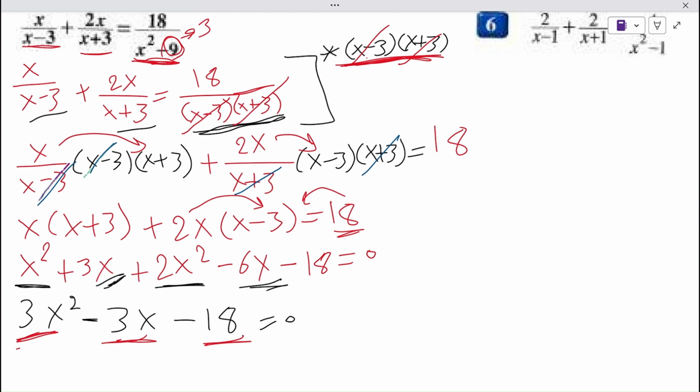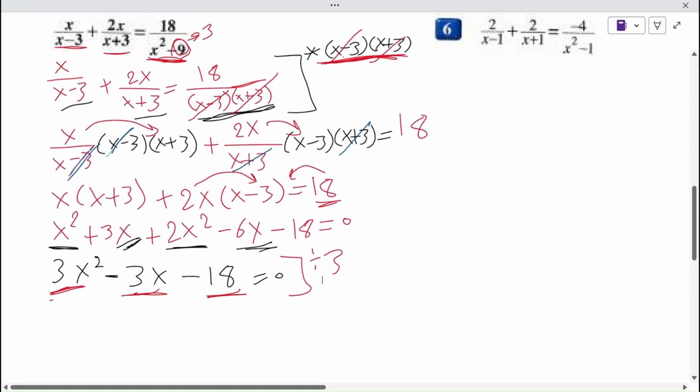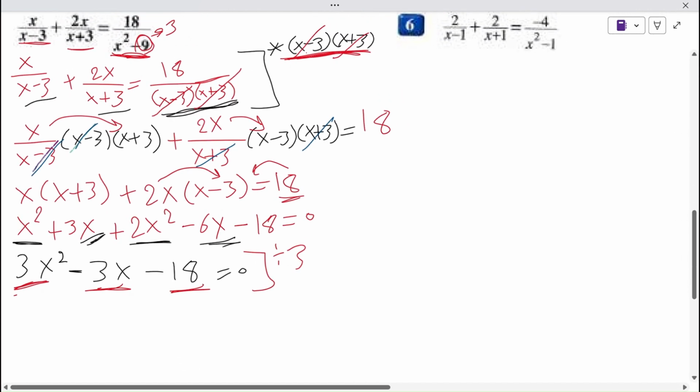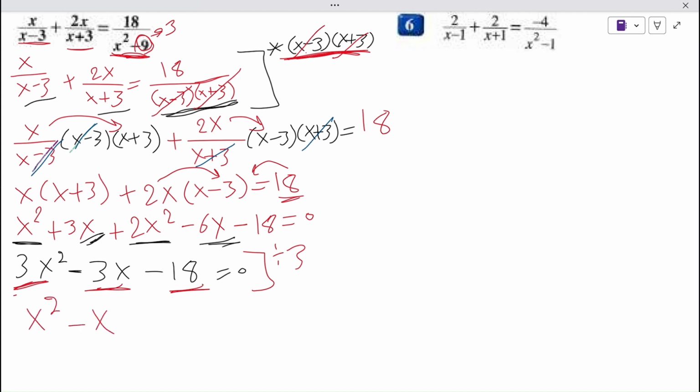This has become 2x squared minus x minus 18 divided by 3, which is 6, is equal to 0. Factor them by opening two brackets. This has become 2x minus 3 and x plus 2 is equal to 0.